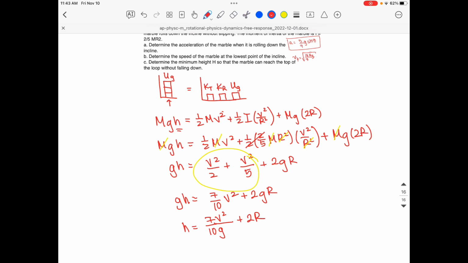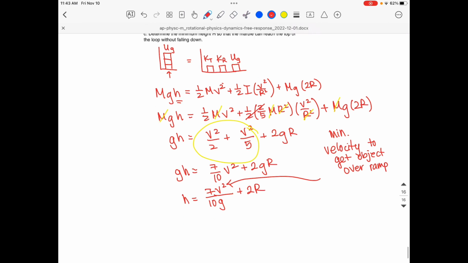And what we need to figure out to get the true height is the velocity that will get it over the ramp. And this is the minimum velocity to get the object over the ramp. And we've done a lot of problems like this already.